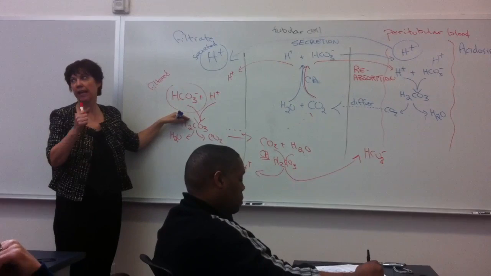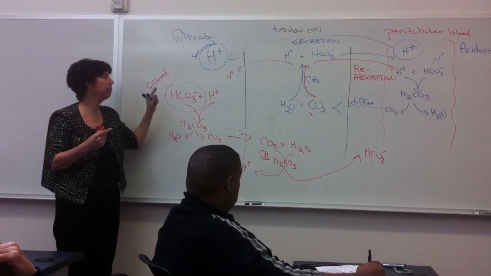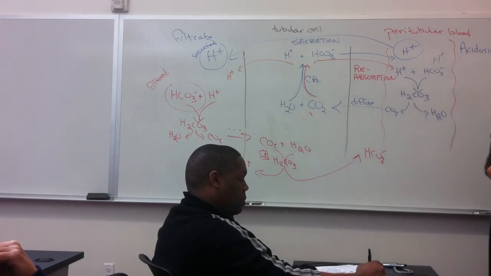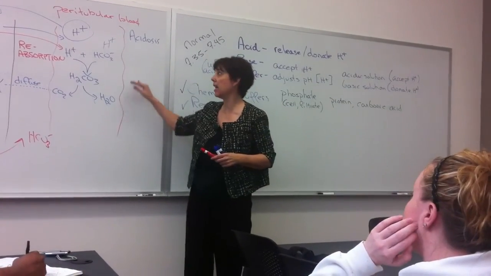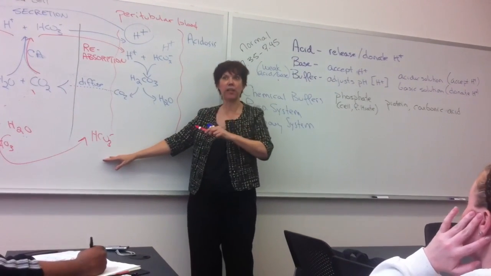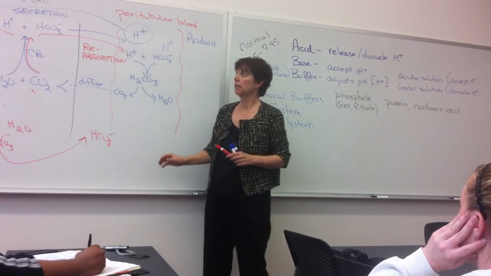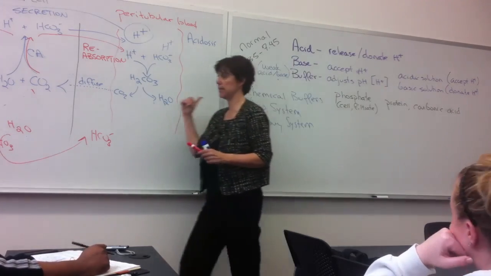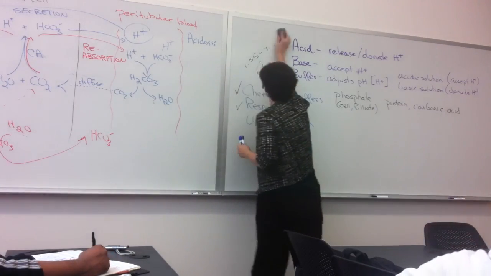So we lower the pH of the filtrate by two mechanisms: losing bicarb, but gaining hydrogen. Most importantly, which is what our purpose was, we've elevated the pH of the blood by losing hydrogen, plus we gain another bicarbonate that we can use to buffer another hydrogen. Okay? So I'm going to leave that diagram there, and I'm going to redraw the process on this board, but putting in some of the pumps, some of the transport molecules.